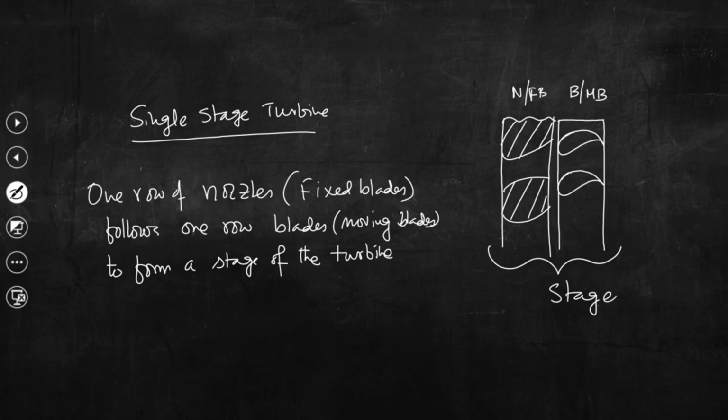Now, when steam is entering the nozzle, that steam is coming from the boiler, and while passing through the nozzle it expands: at the cost of the pressure drop, velocity increases.